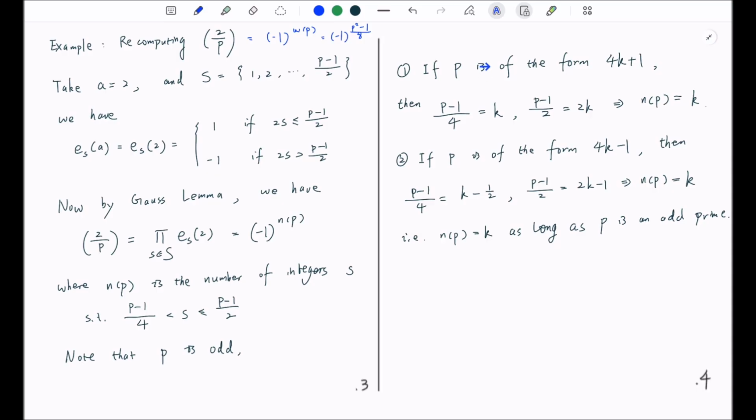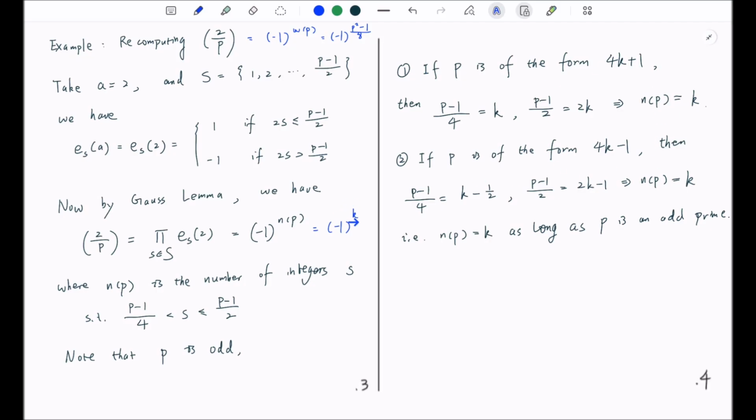So now let us connect these two cases to our previous theorem 5. So from here we get (-1) raised to the power k, where k is from here.